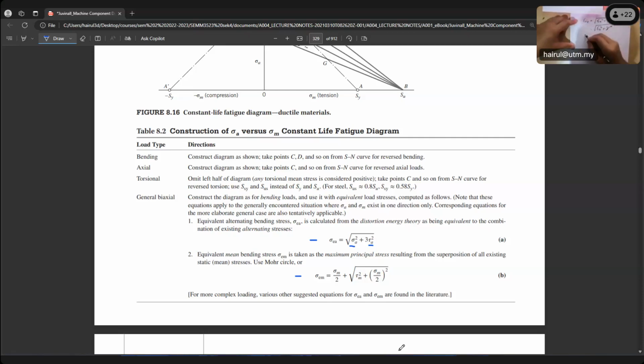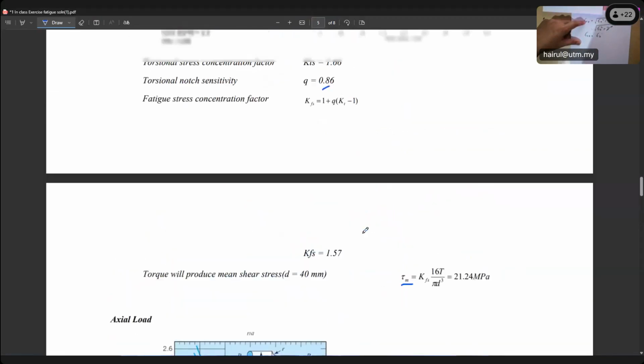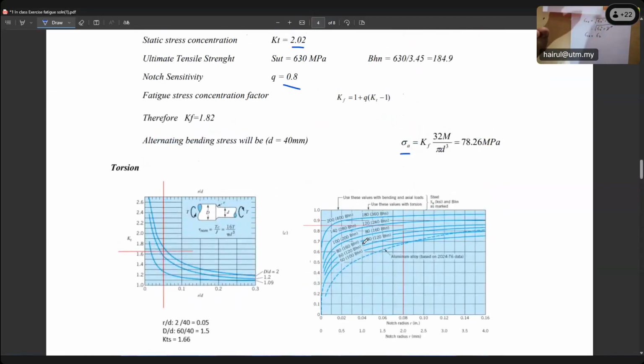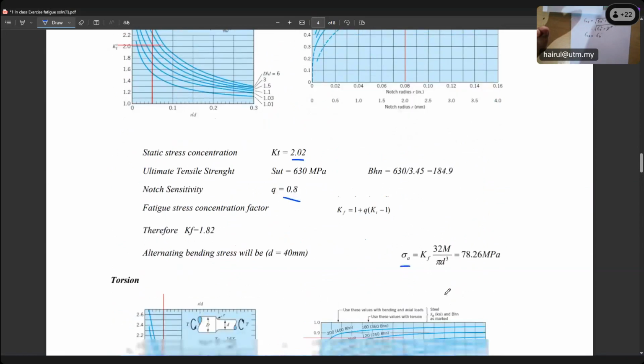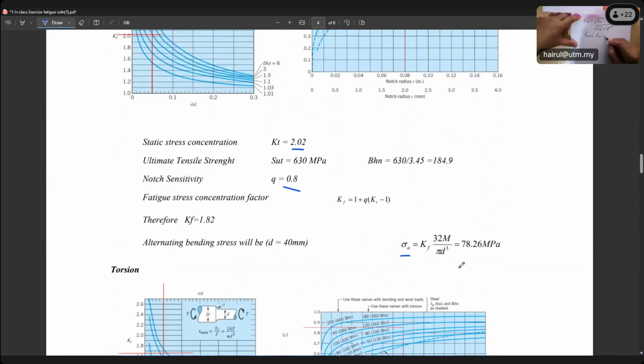So sigma EA, the equivalent alternate, is the square root of sigma bending squared, which is sigma bending that we calculated. From the solution just now, sigma bending from the beginning times the Kf bending. Be careful, sigma bending times Kf bending is 78.26 megapascal.